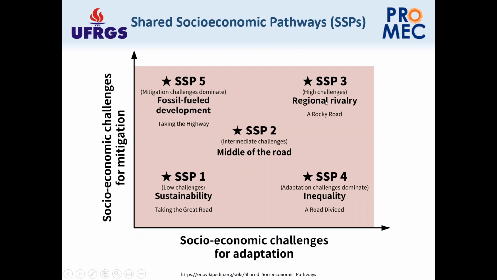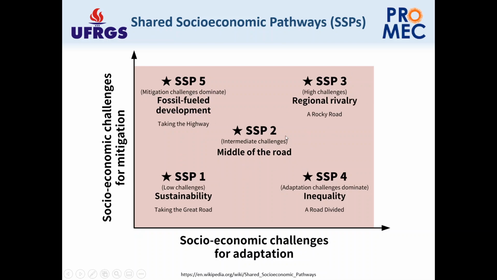And in SSP 3, you have rivalry. Regional rivalry means you have wars, so people are not collaborating, and you have a lot of CO2 emissions because people are killing each other and they don't care about not emitting CO2. And then, of course, you also have problems with adaptation because during a war, you can't adapt to climate change.